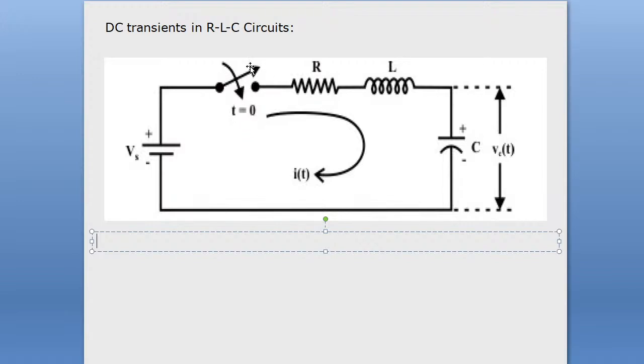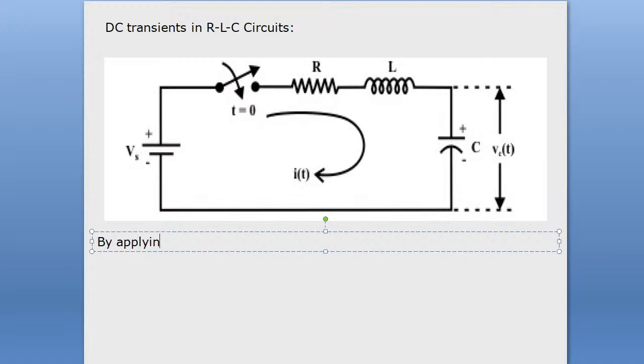So we have connected the supply voltage to this circuit through this switch at t equal to 0 or slightly greater than 0. We consider that at t equal to 0 the switch is open, but at t greater than 0 the switch is connected.